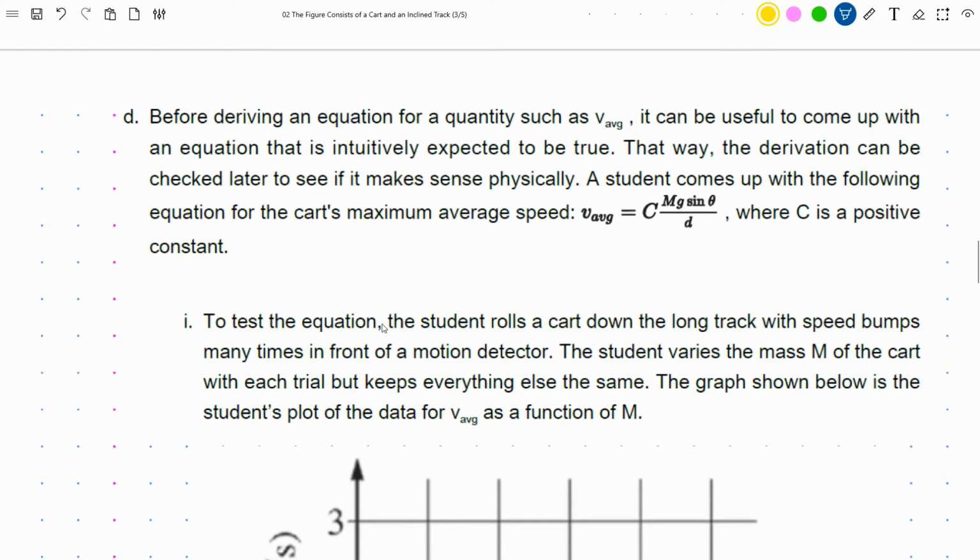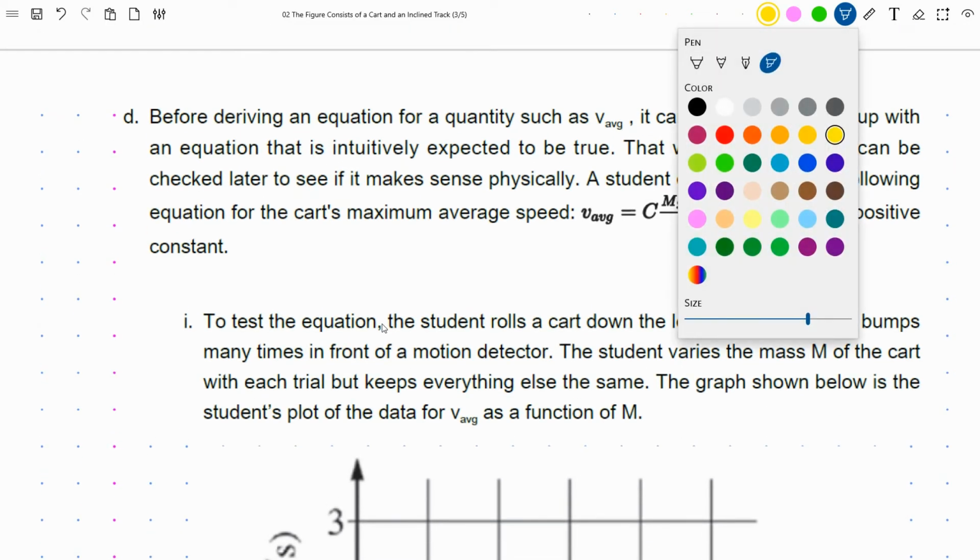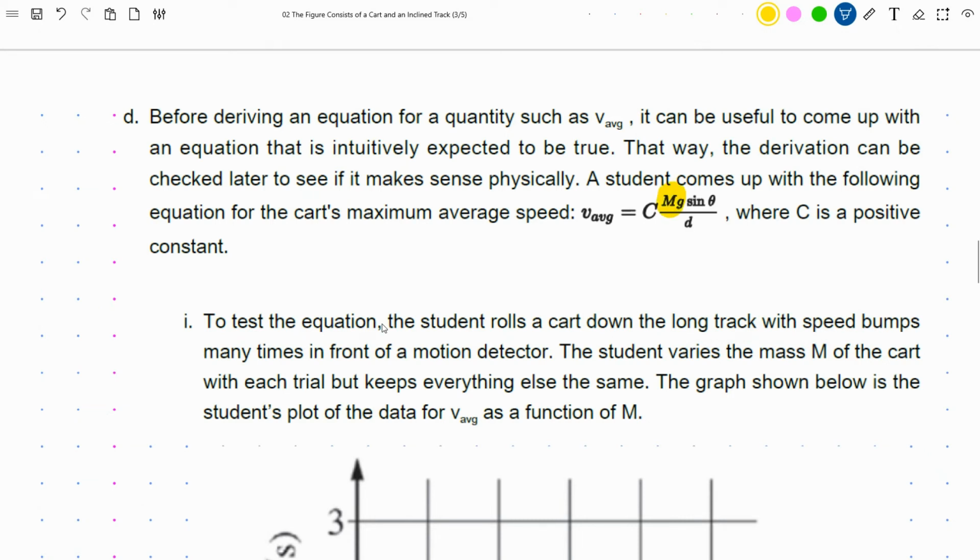Okay, so this is singling out mass. We're varying mass from one trial to the next. That's the only thing on the right side of that equation that is changing in this student's experiment. So they're varying the mass, and of course they're measuring to see what the outcome is. How does that affect the average speed?